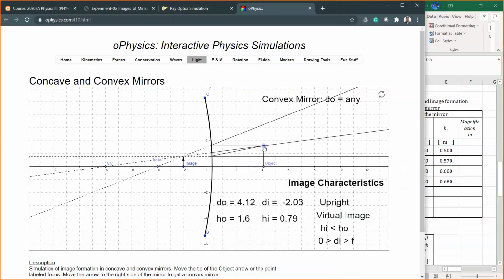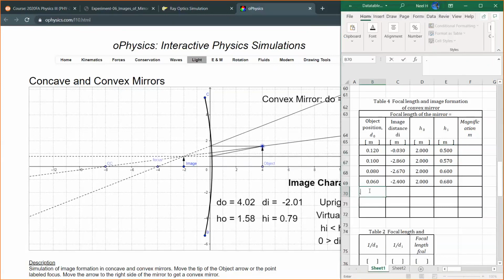Let's go to 4. That is about the focal point we calculated earlier, so 4 centimeters, 0.04. I need to change all these numbers, so I have a mistake there. All of them should be in meters, which means I have to bring in the negative sign.